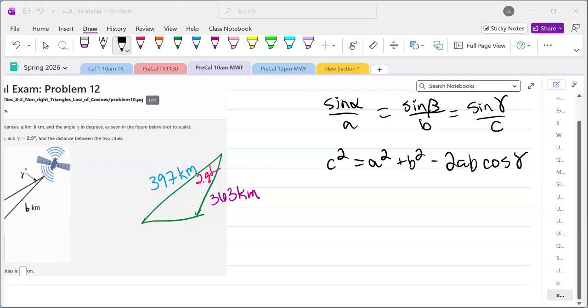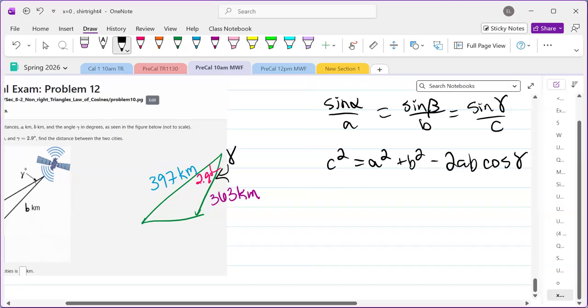C squared equals A squared plus B squared minus 2AB cosine gamma. So when I'm only given one angle, I like to call that angle gamma, because I only give you guys this one version of the law of cosines.